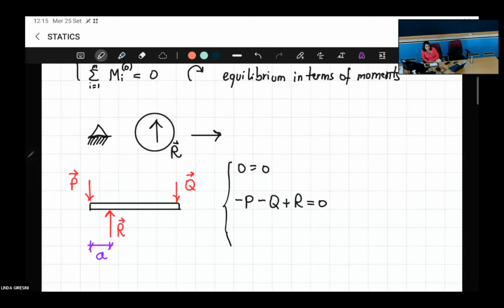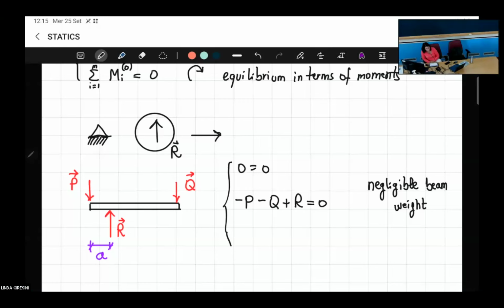No, negligible weight. Okay, we write it. Negligible beam weight. We have only these two forces to simplify.